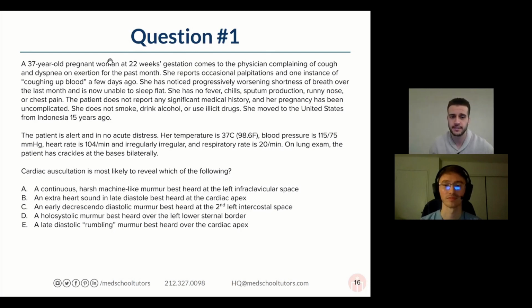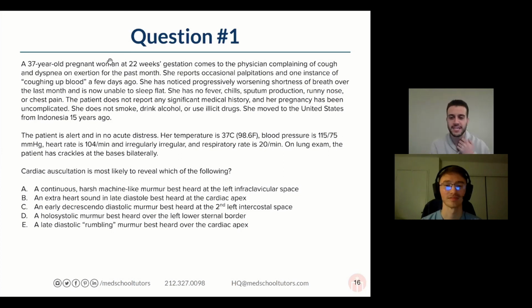An extra heart sound in late diastole, best heard at the cardiac apex. I'll let you guys chime in if you think you know what that might be referring to. And while we're doing that, an early decrescendo diastolic murmur, best heard at the second intercostal space.